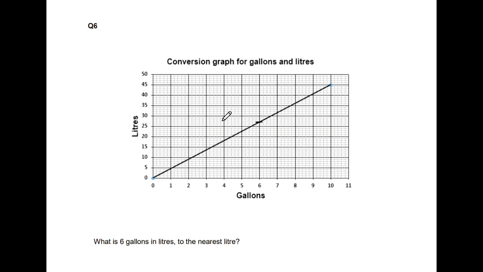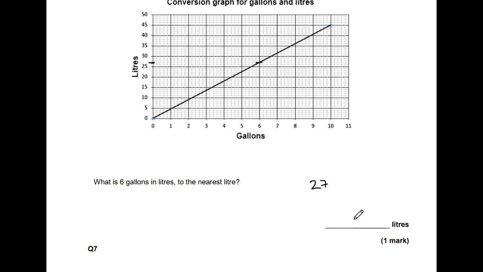Okay, so we've got to be very careful of our scale. So if we're going across to here, it's hitting there. If we look, there's 5 lines between 25 and 30, so each of those lines is 2, so I'm saying it's going to be 27. 27 litres.